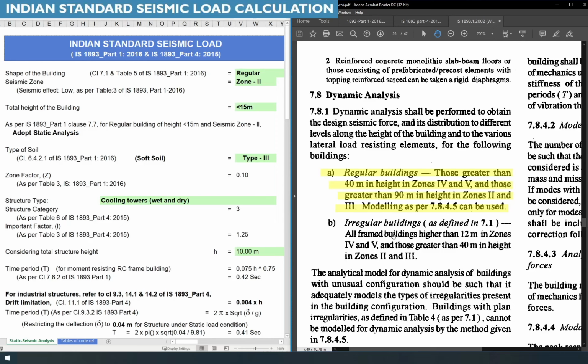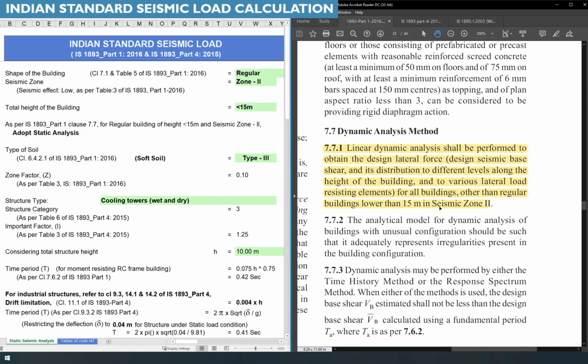So there is not much restriction in the 2002 version compared to 2016, whereas in 2016, the latest version, there is no allowance for irregular buildings to follow the static method, and even regular buildings are restricted to seismic zone 2 and lower than 15-meter height. So there are a lot of restrictions in the 2016 version.